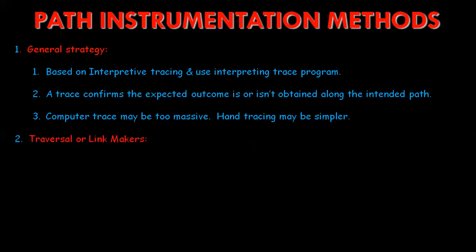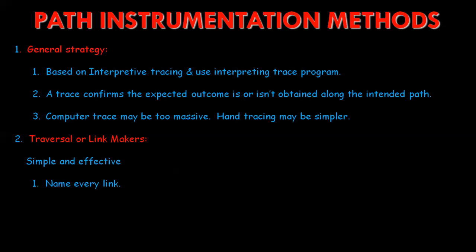A simple and effective form of instrumentation is what we call a traversal marker or link marker. We name every link using lowercase letters. We instrument the links so that the link name is recorded when the link is executed.